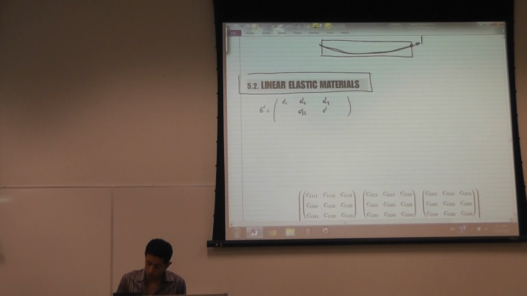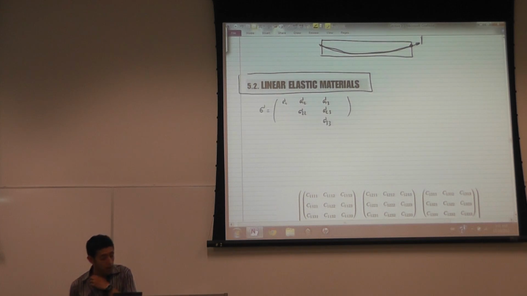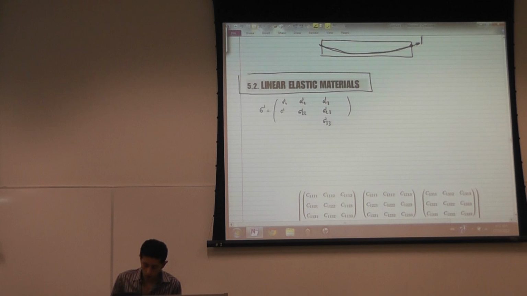From the beginning, the stress has 9 components. And the strain, or a measure of strain, has 9 components.